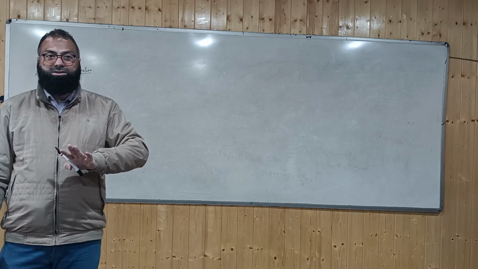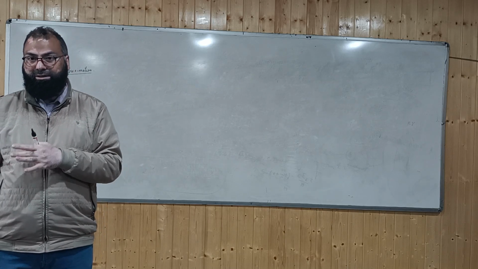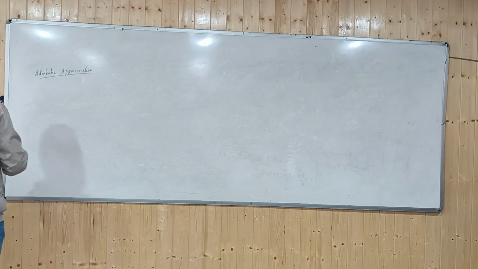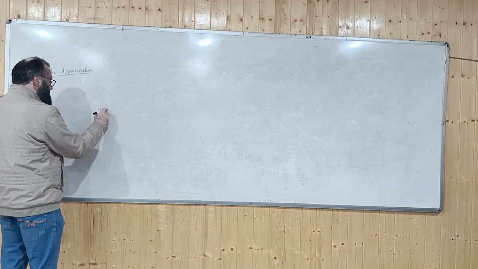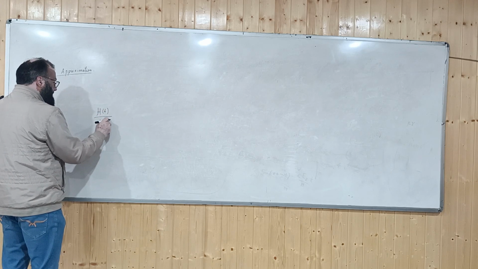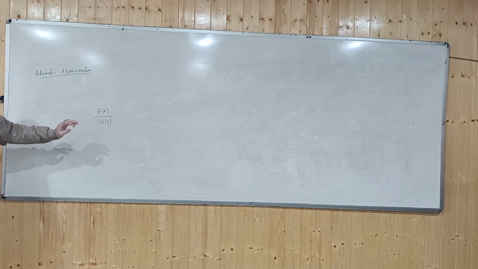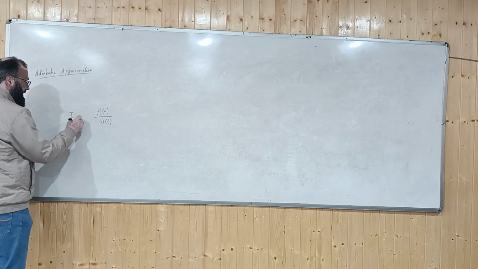How can I describe an adiabatic motion? For that matter, let's consider this kind of ratio for this harmonic oscillator. Let me take H of t by omega of t. Let me call this I.